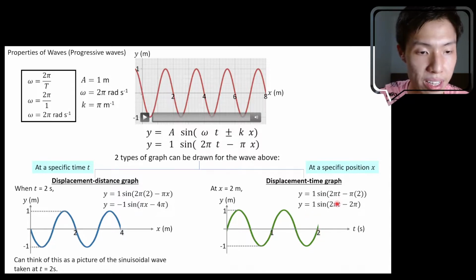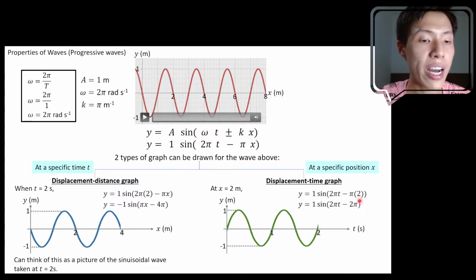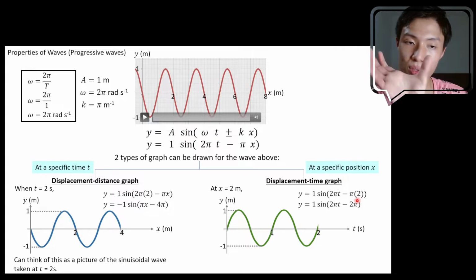Once you have done that, now you need to look at the phase over here. It's negative 2 pi. Negative means you need to shift your graph to the right. 2 pi means you need to shift your graph to the right by one complete sine curve, one complete oscillation.